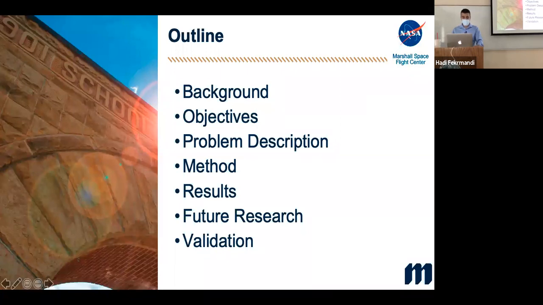Then I'll describe the problem that we tried to address as a research problem, and finally the method that was used and the results obtained. Part of our future plans is experimental validation and verification, which we are currently working on with our collaborators.